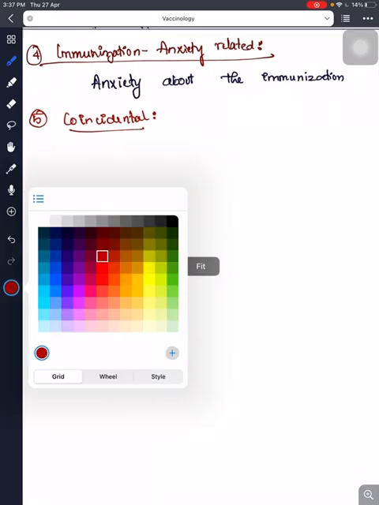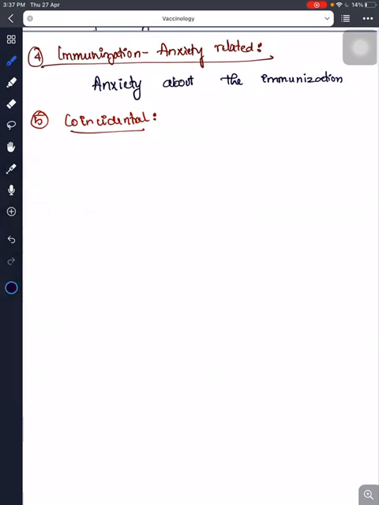Fifth type is coincidental. It is a temporal association.